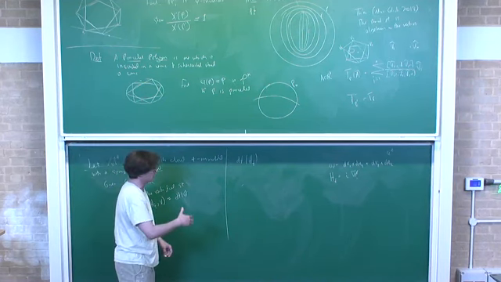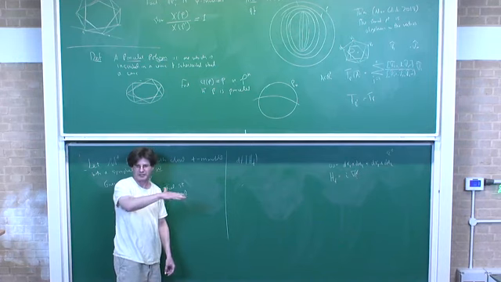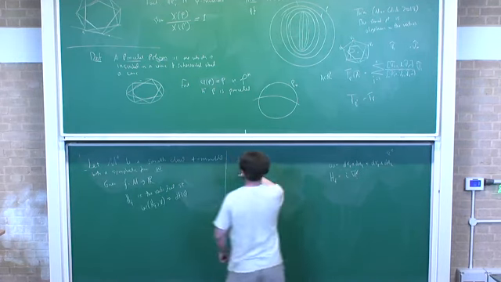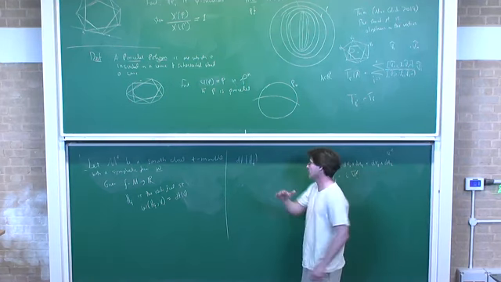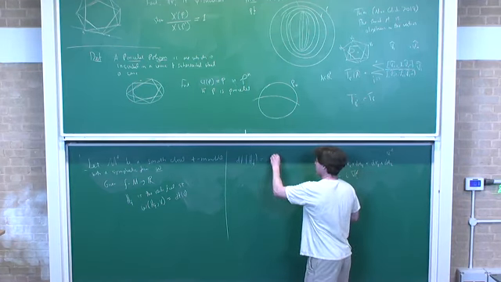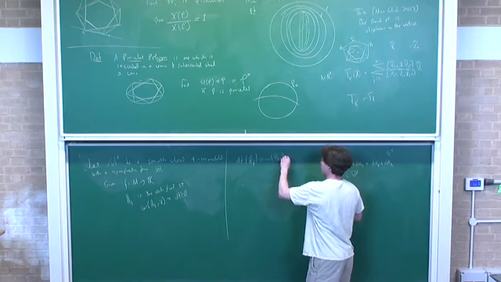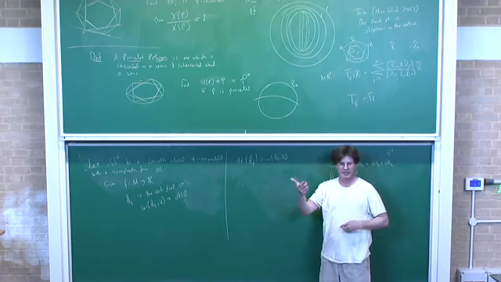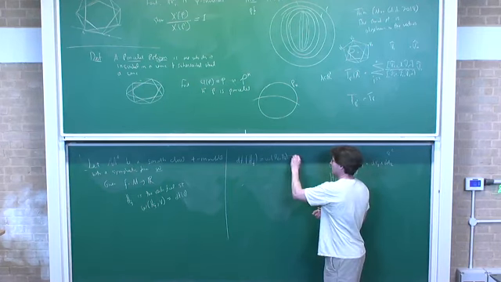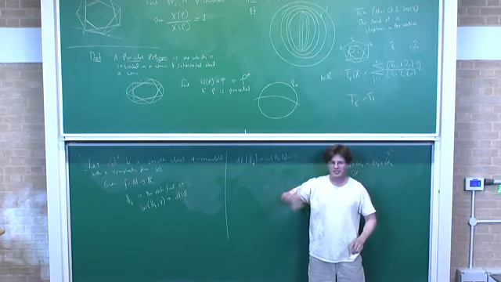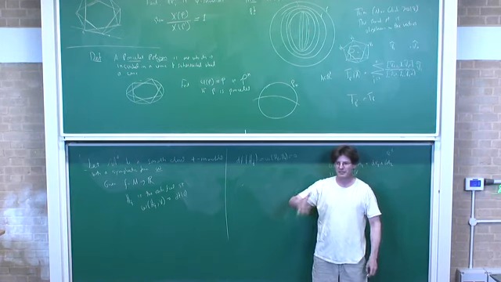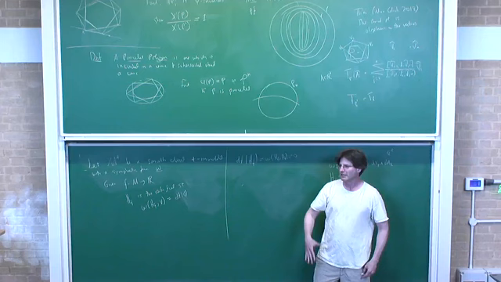Let's compute the directional derivative of the function in the direction of the Hamiltonian. We want to know, how does the function change as we go along the Hamiltonian? Well, this is omega of Hf with Hf, and because omega is an antisymmetric form, it's 0. So the flow is tangent to the level sets. That's the first really nice thing.